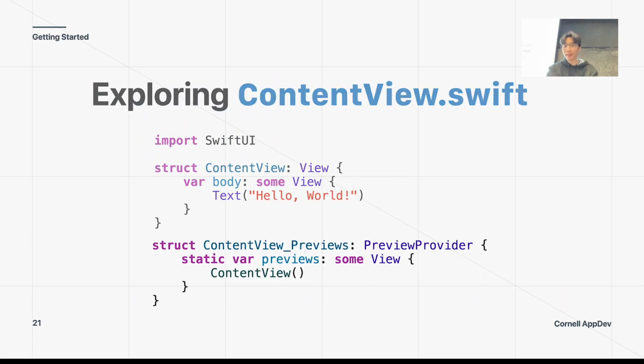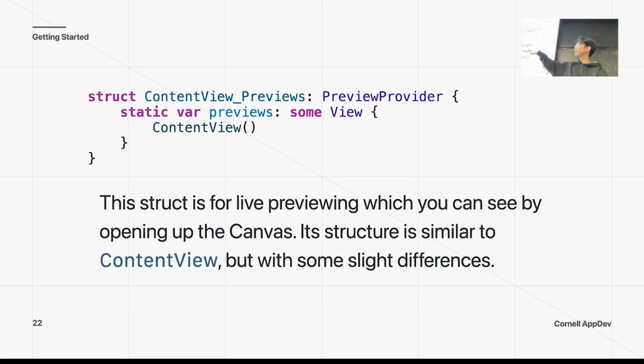Up next is this preview provider. I'm not going to go into too much detail about it. You normally use this for previews, but honestly, that's not really important with SwiftUI. Live previewing is cool, but when you work on large-scale apps, most of the time, the previews won't work.